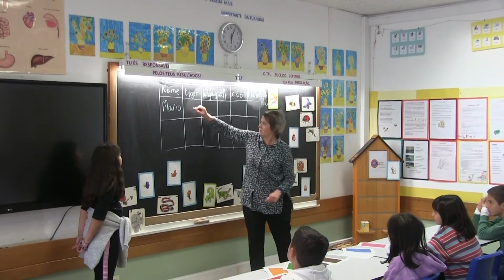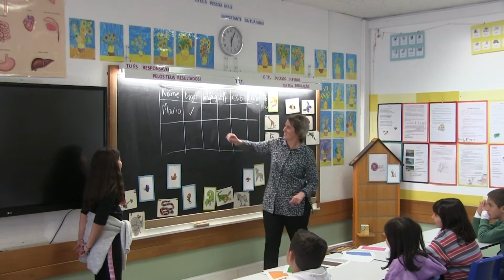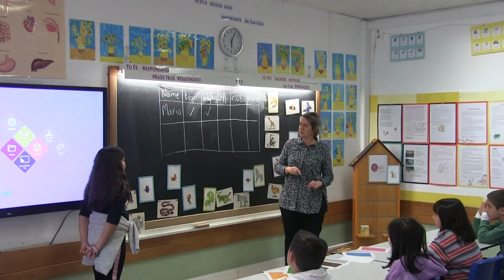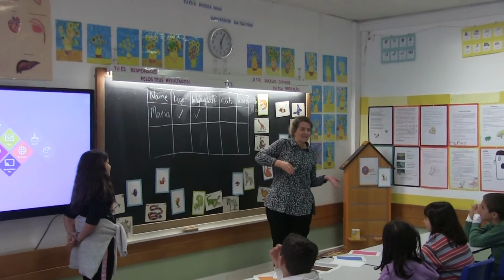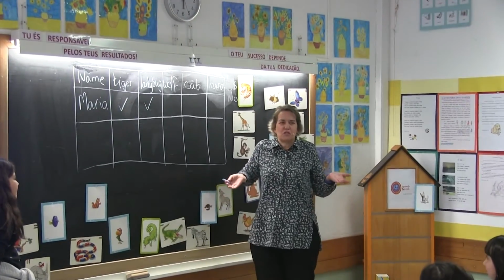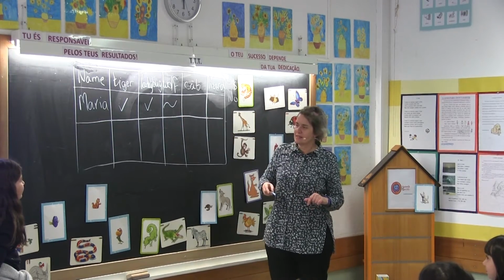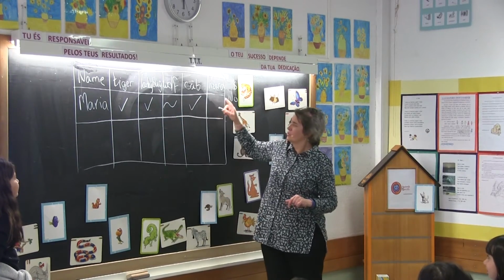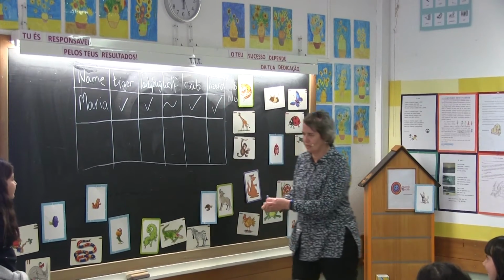Yes. Do you like ladybugs? Yes. Do you like wolves? You can say yes, no, or I'm not sure. I'm not sure. You're not sure. Okay. Do you like cats? Yes. Do you like lizards? Yes. All right. Now, Maria, you come here.